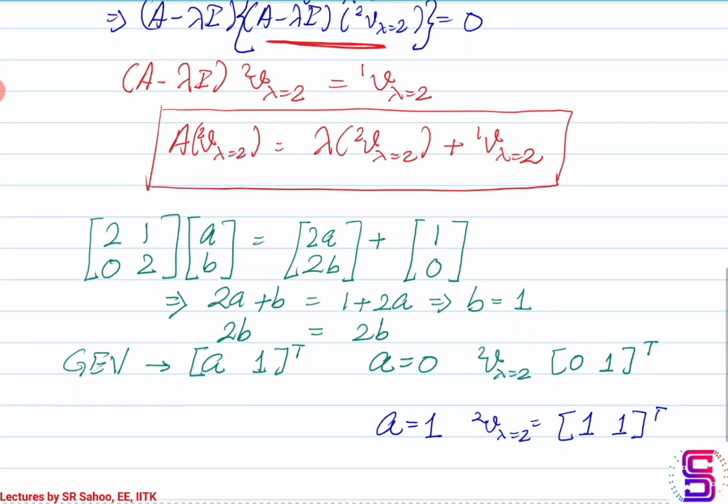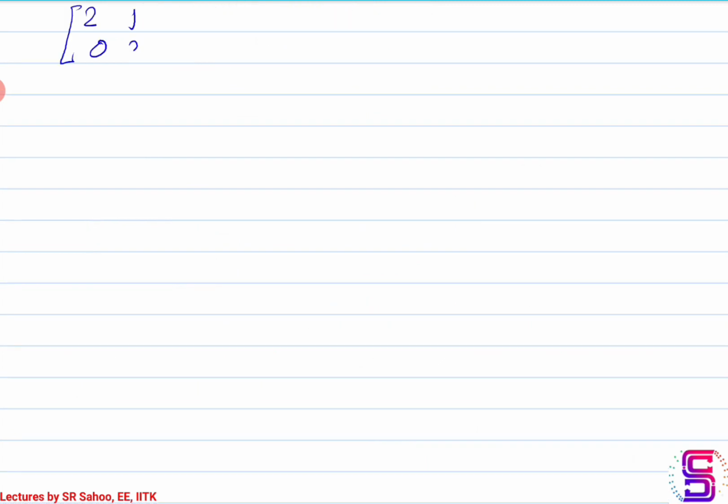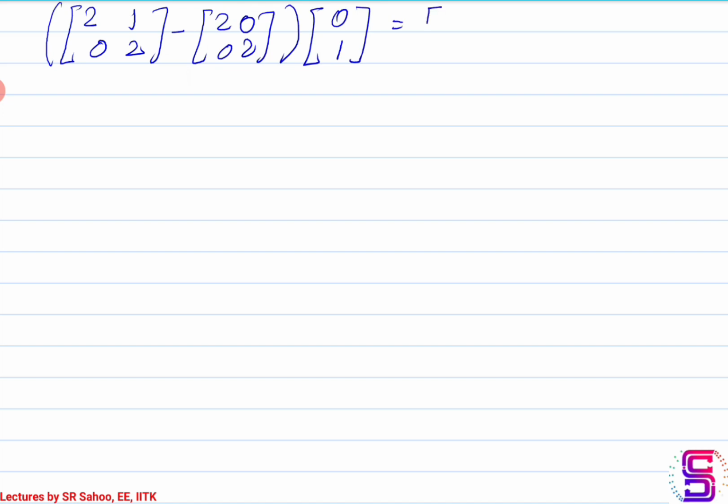Let's verify this. You have 2, 1, 0, 2 minus 2, 0, 0, 2. This being multiplied to 0, 1 gives me, this is 0, 1, 0, 0 multiplied with 0, 1, which is going to give me 1, 0.